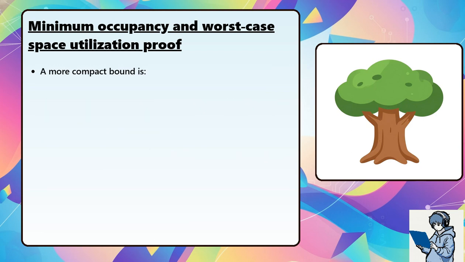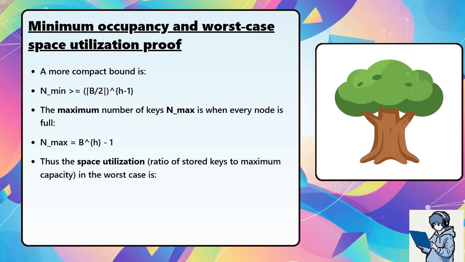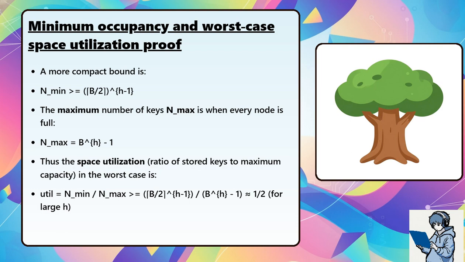A more compact bound is n-min greater than or equal to ceiling b over 2 to the power h minus 1. The maximum number of keys n-max is when every node is full. N-max equals b to the power h minus 1. Thus, the space utilization ratio of stored keys to maximum capacity in the worst case is util equals n-min divided by n-max, greater than or equal to (ceiling b over 2 to the power h minus 1) divided by (b to the power h minus 1), approximately 1/2 for large h.